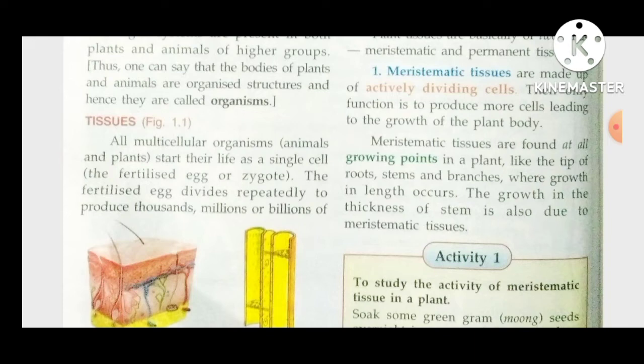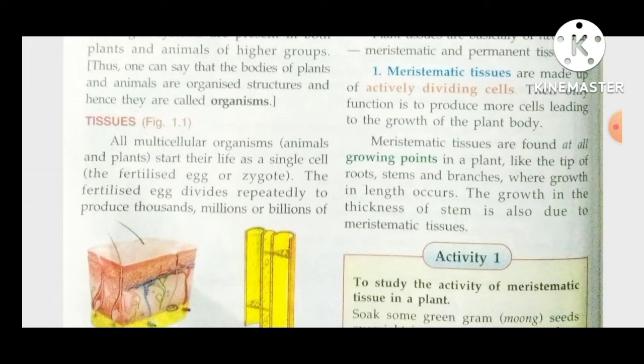Meristematic tissues are found at all growing points in a plant, like the tips of roots, stems and branches, where growth in length occurs. The growth in the thickness of the stem is also due to meristematic tissue. When we see an old tree, the side part of the old tree is bigger.